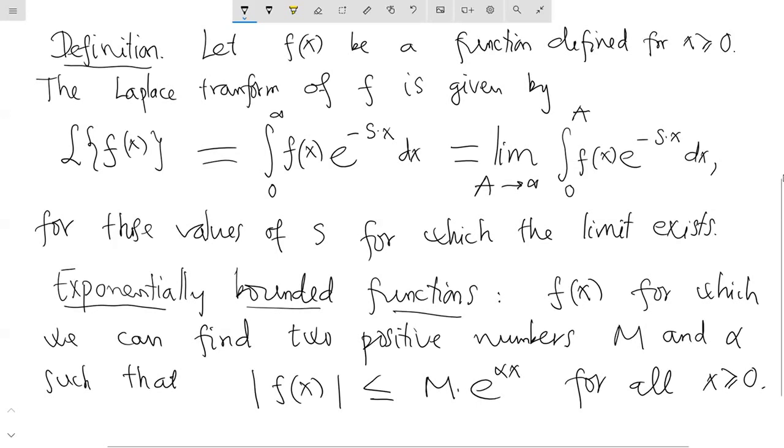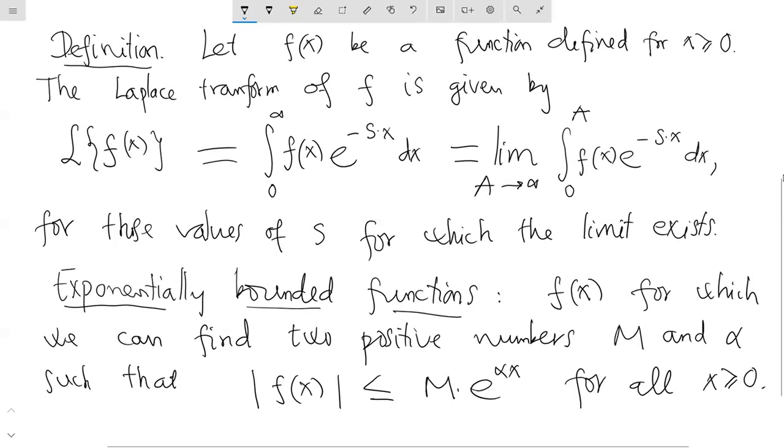So exponentially bounded functions exactly means that the function can be bounded by a constant times an exponential function. What we want is that the function should not grow too fast. It could grow exponentially, but not faster than that.